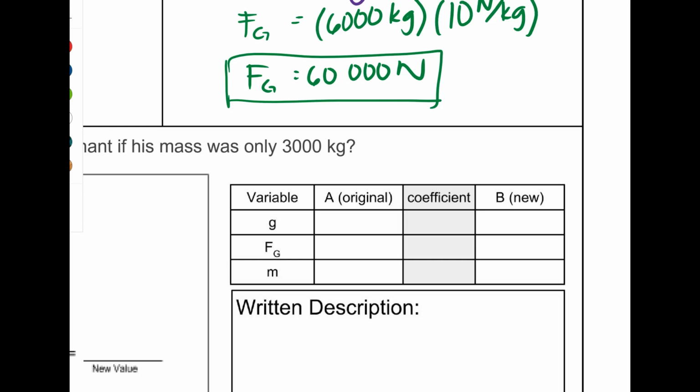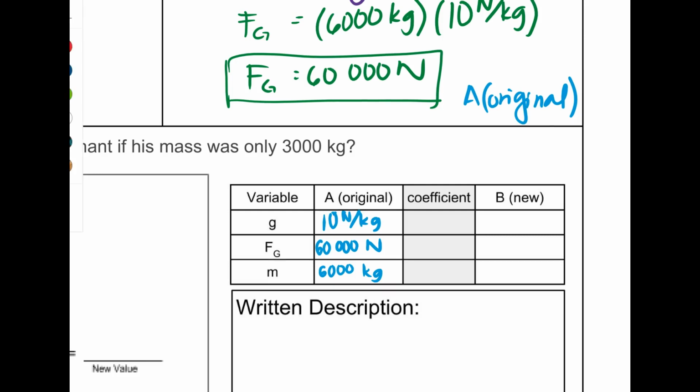So G is going to be 10 newtons per kilogram. Our Fg, which we just calculated, is 60,000 newtons. And our mass, which was given, was 6,000 kilograms. So all the stuff that was up here is A, or original. And we're going to calculate for what it is when it becomes new.